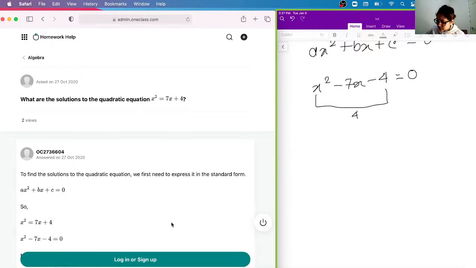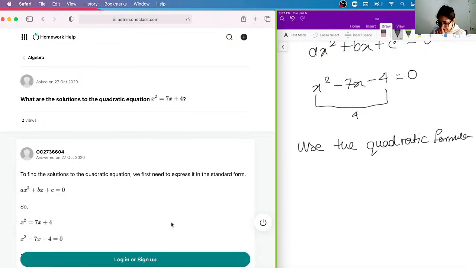The only two numbers really are 2 and 2, and 4 and 1, so none of them would give you negative 7 if you add them up. So in this case, use the quadratic formula.